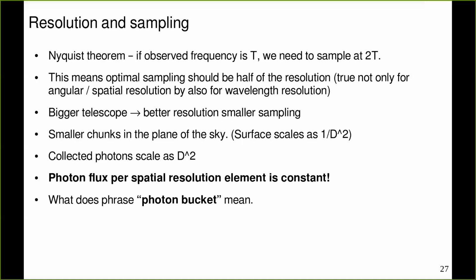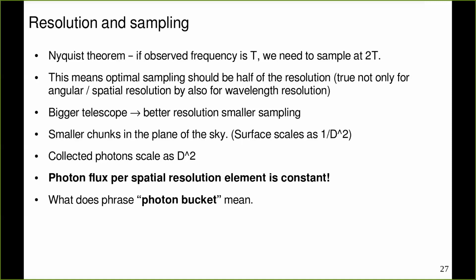And that's why in the previous talk I emphasized that a bigger telescope means more photons, but only if you keep your sampling the same. And actually Kevin has a very nice slide. I didn't show it today, but I'll show it at some point, where, since you're looking at smaller chunks on the sun, your exposure has to be shorter, because your phenomenon travels at the same speed, so it goes through your optical element faster, so your exposure needs to be shorter.